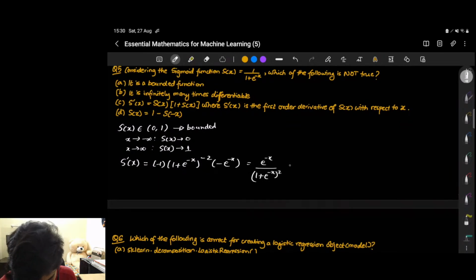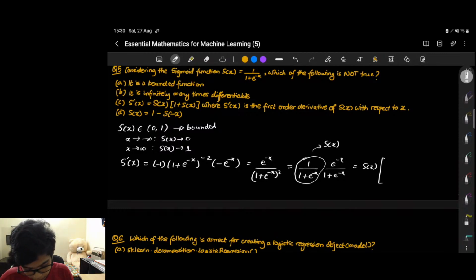Let us now try to simplify this. It can be written as follows. This term right here is nothing but our sigmoid function, so this is the sigmoid function times this part. Now this part we can write as follows: we add and subtract 1 in the numerator.